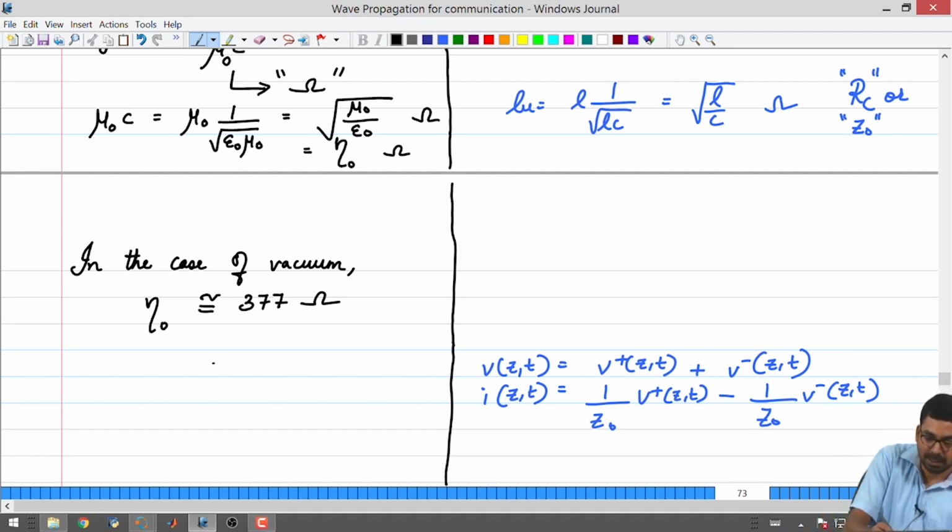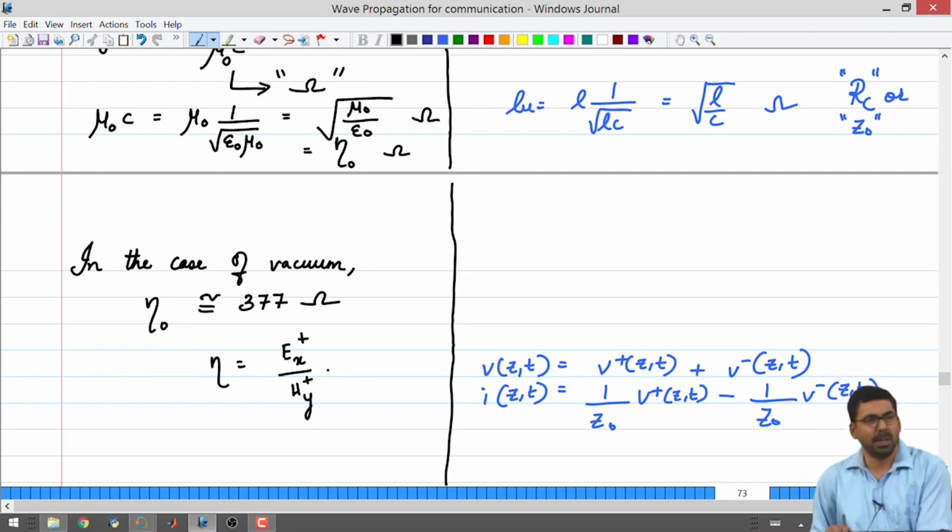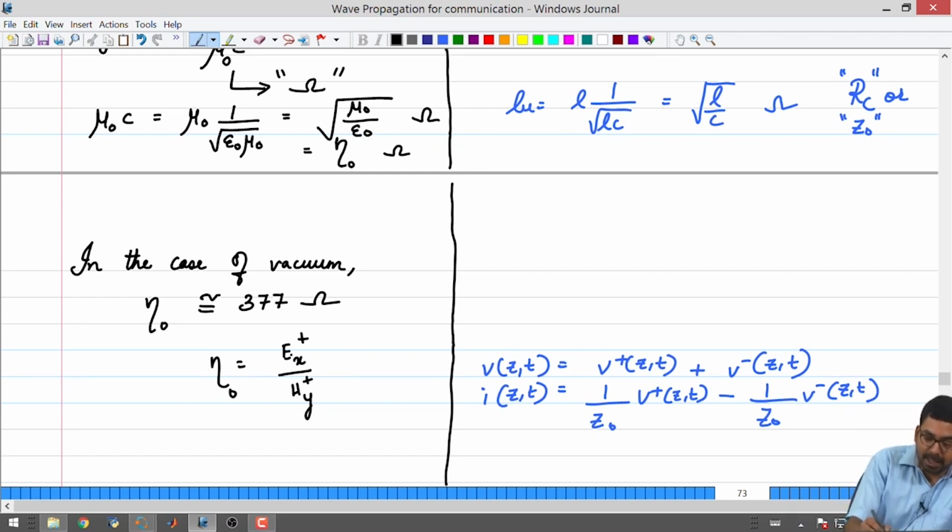You just have to write this down as Ex plus divided by Hy plus. Okay. This is something that you will have to get used to, because people do not immediately associate the characteristic impedance with Ex divided by Hy. So, it is Ex plus divided by Hy plus. Okay.